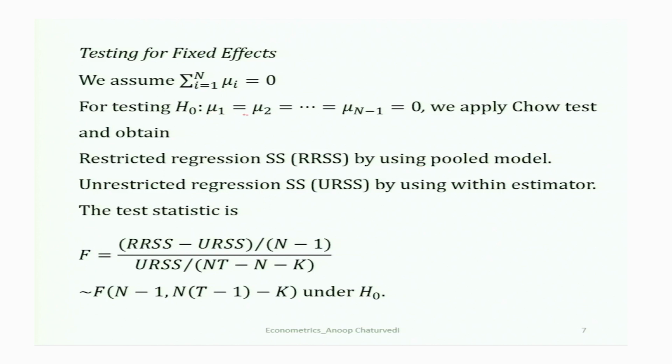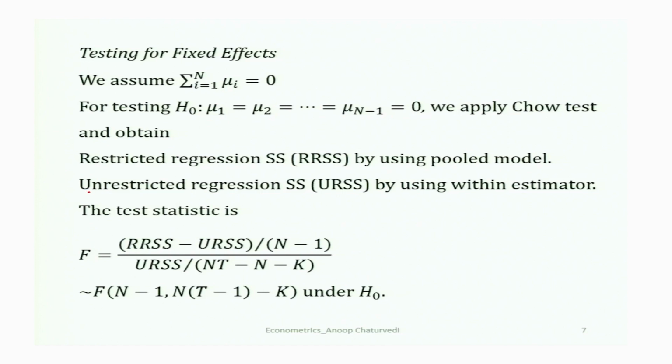We take all the mu i's equal to 0, and then we pool the model for all i's, and then we apply OLS, and then we obtain the restricted regression sum of squares. Restricted in the sense that you are taking all the mu i's equal to 0.